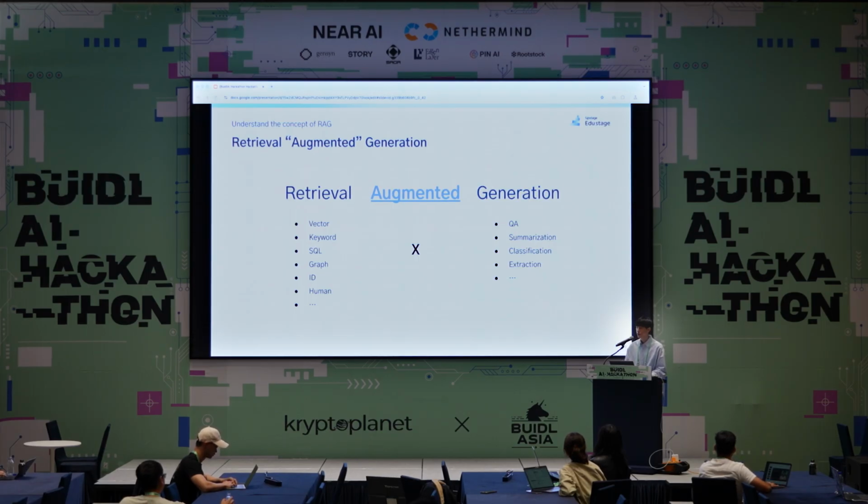In terms of generation, since recent LLMs can handle most NLP tasks, including question answering, summarization, classification, and so on, you can build various types of applications while ensuring that the generated answers are grounded in factual information by using this RAG framework.